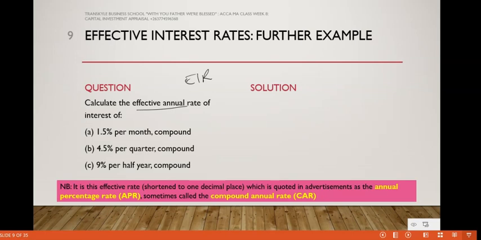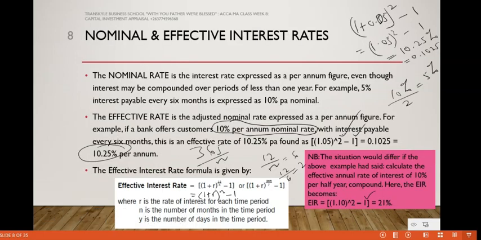Using the formula we have just used, EIR should be equal to 1 plus R to the power n minus 1.